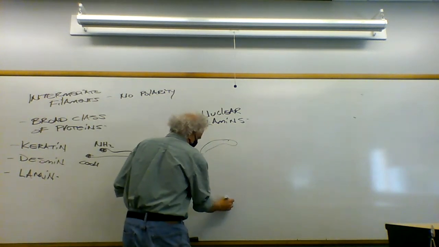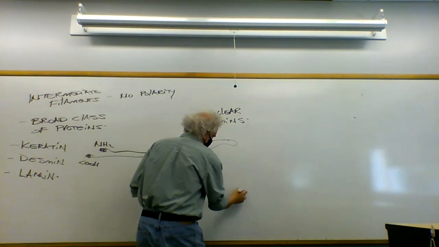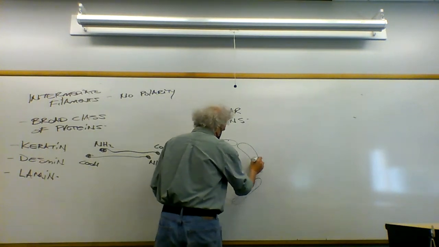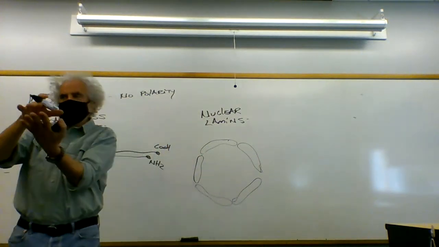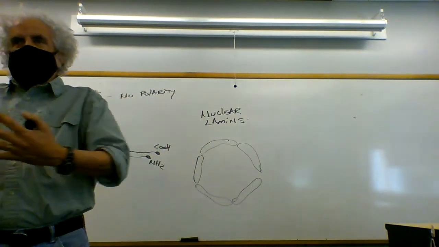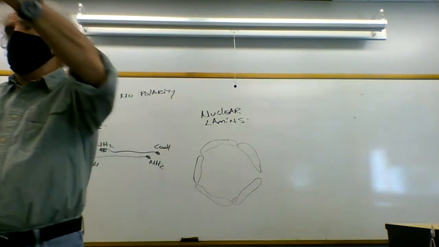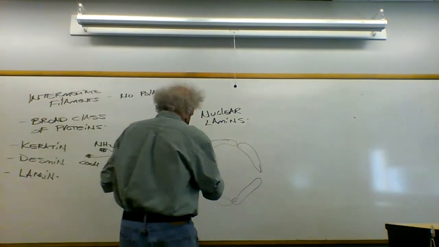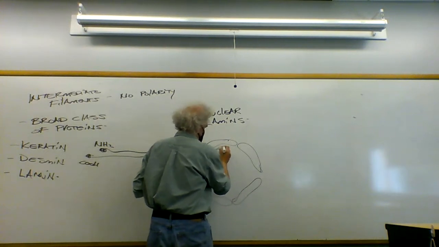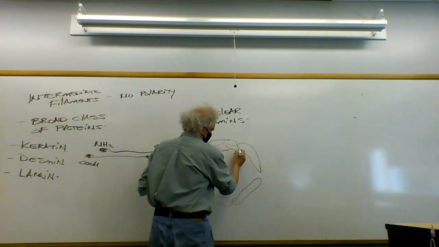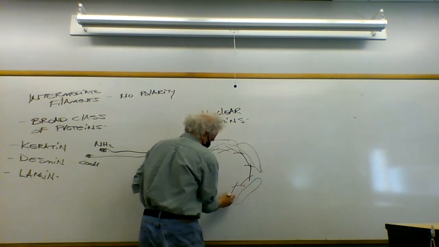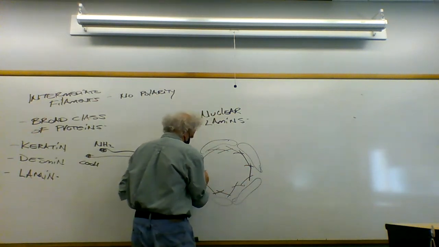Now, the nuclear envelope, in addition to being a bilayer, is actually a double-walled thing. And so I think of it a little bit like a bunch of little sacs filled with fluid. These double walls eventually integrate into the endoplasmic reticulum, and they are underlined with these intermediate filaments. This is what's providing the support for the nuclear envelope.